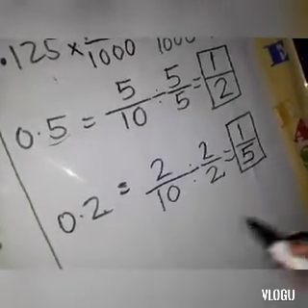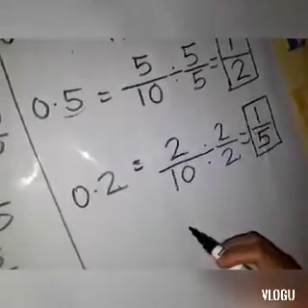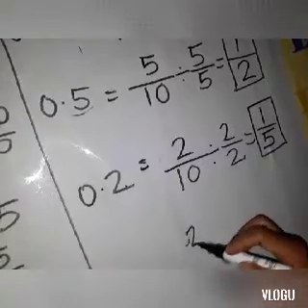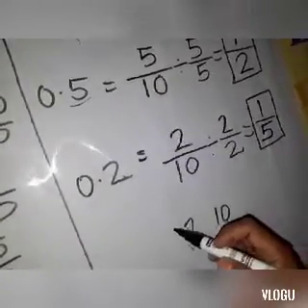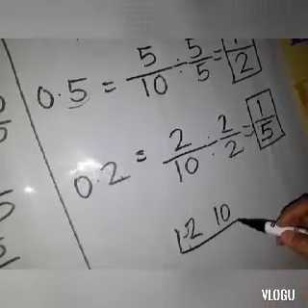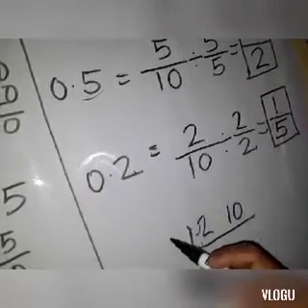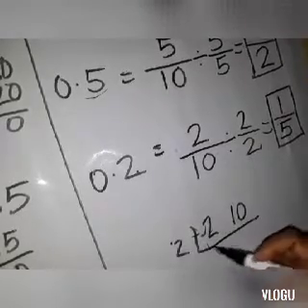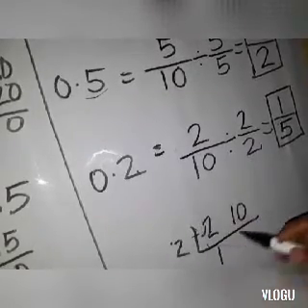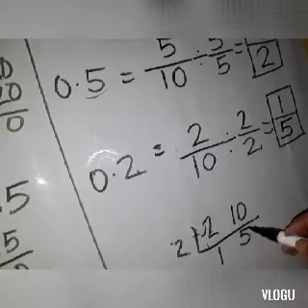Okay. A little bit review for GCF. GCF ng 2 and 10. Gagamit na lang tayo ng continuous division. Okay? So, 2. Common factor nila ay 2. 2 divided by 2, 1. 10 divided by 2 ay 5. So, wala nang iba.